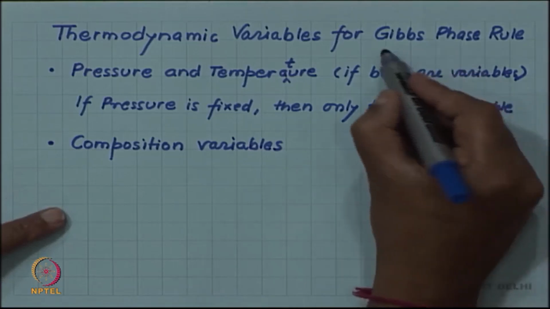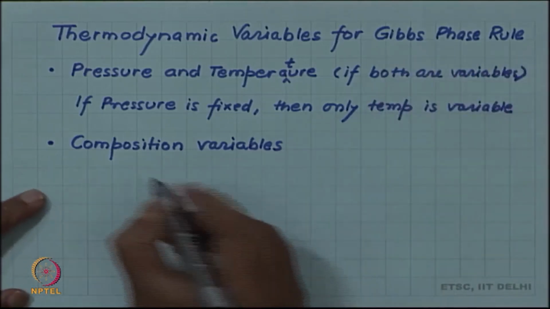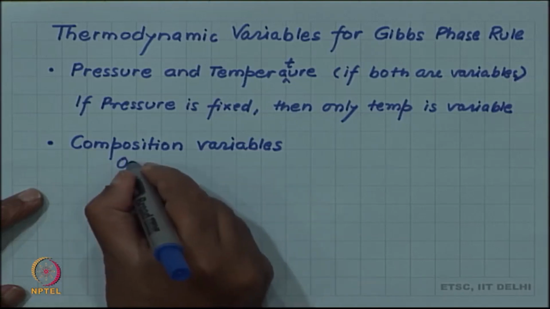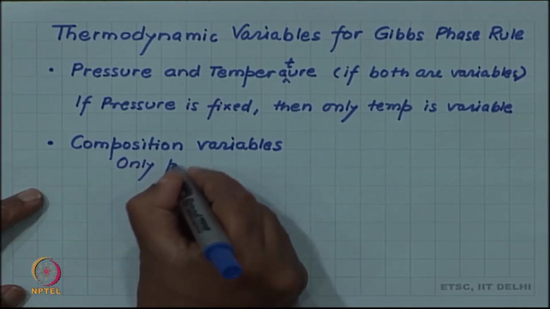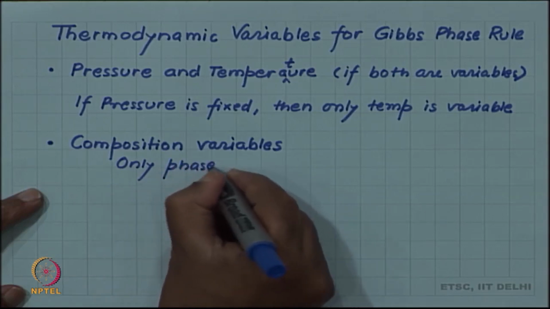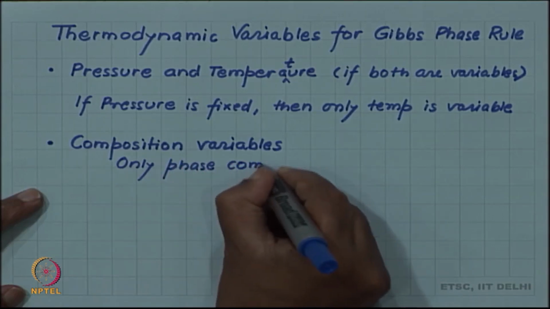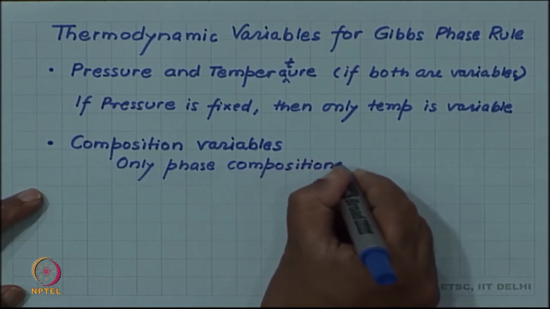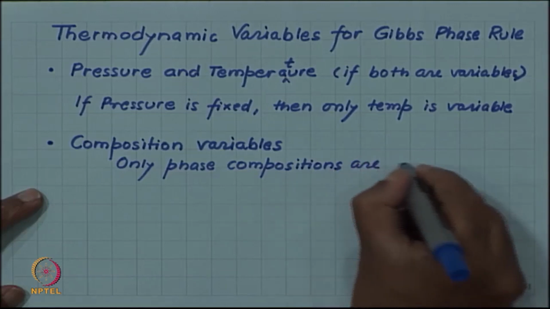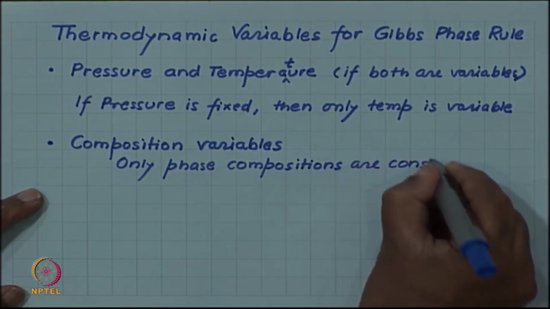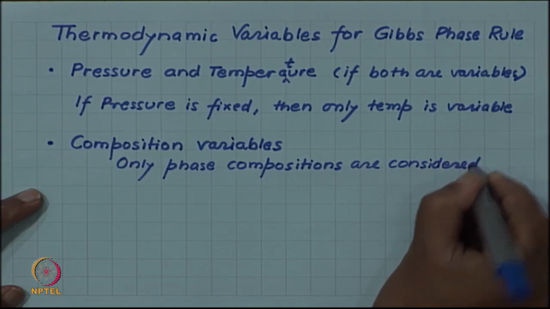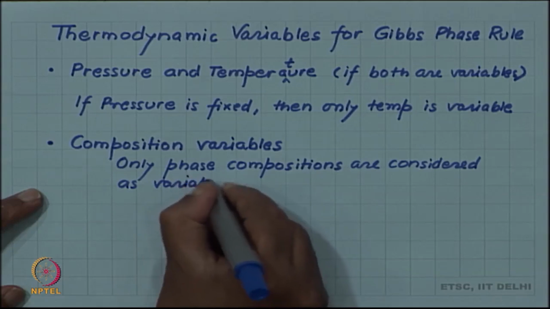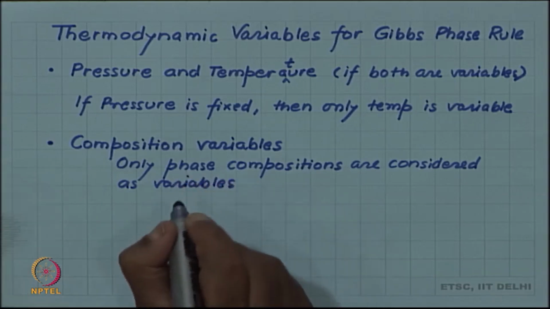And for the application of Gibbs phase rule, the relevant composition variables are the phase compositions. Only phase compositions are considered as variables.